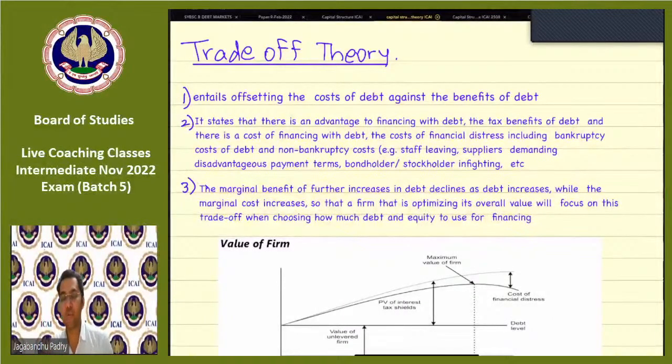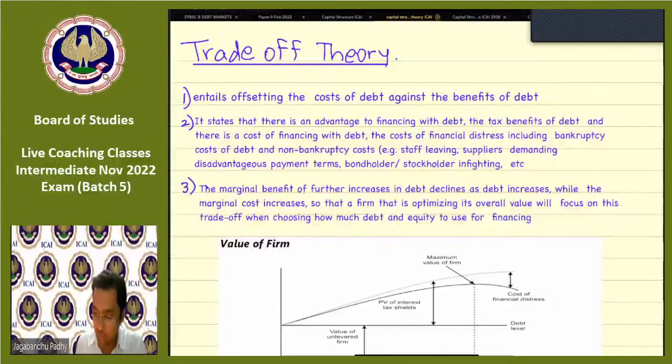So every month you need to pay the EMI, or every half yearly you need to pay some amount of interest. That pressure or stress will always be there on you. So in case you need further money for investments, that won't be possible for you. And that's what we mean by the cost of financing with debt.